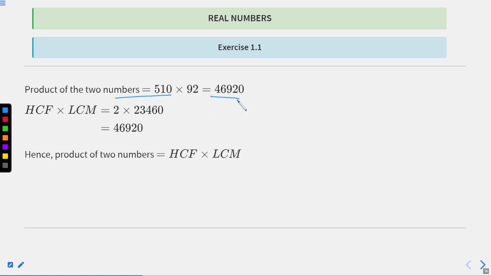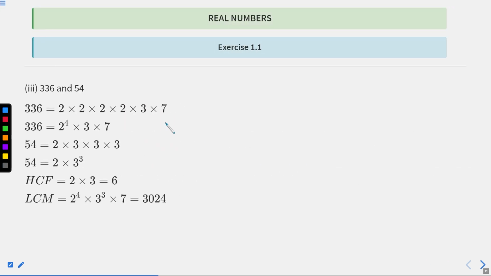And HCF of 510 and 92 into LCM of 510 comma 92 is equal to 2 times 23460, and this is equal to 46920. So hence the product of two numbers is equal to HCF into LCM. So verified: product of two numbers is equal to LCM of two numbers into HCF of two numbers.